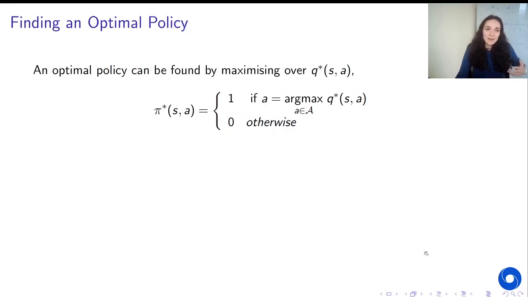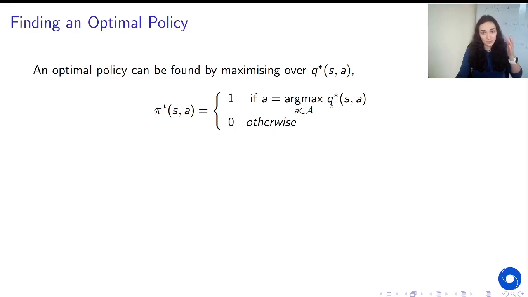Now, I've prefaced that if we know the optimal value function, in particular the Q optimal value function, we can derive an optimal policy, which is just greedy with respect to Q star. This policy will choose with probability 1 the maximizing action according to Q star, and put 0 probability on all other actions.